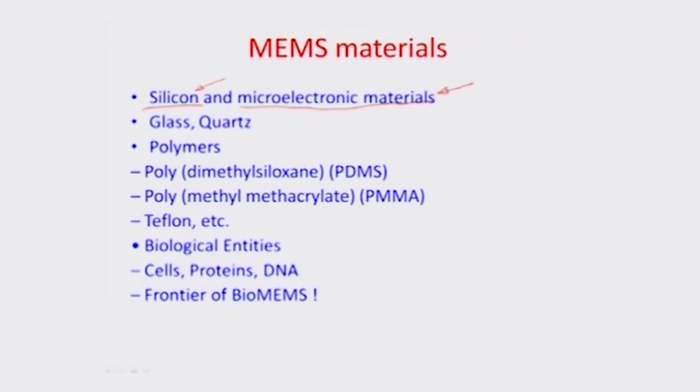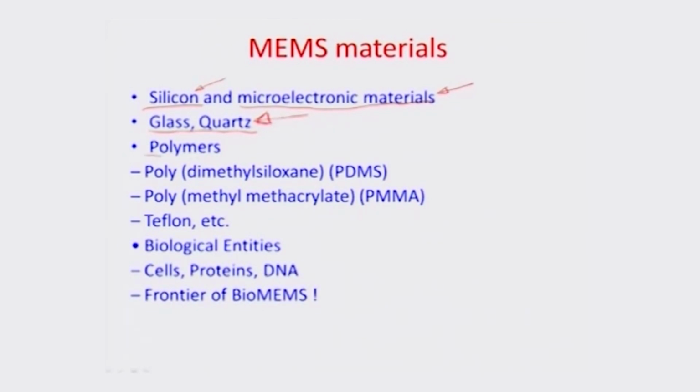Then of course quartz and glass, because in most cases of microsystems you sometimes need optical transparency, and therefore glasses and quartz are the next line of materials which can be classified as MEMS materials or microsystems materials.